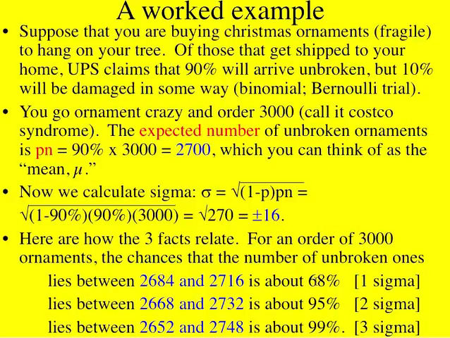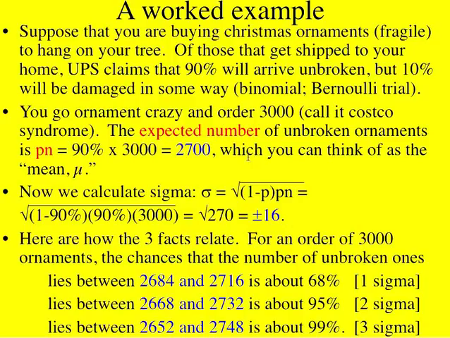Okay? 2 sigma is 2 times 16, 32. So 2,732 on one side and 2,668 on the other. You're saying the number that you get unbroken between that level is going to be 95% of the time. And then 99% of the time, you'll get between this number unbroken. If you get a number outside of this range, that's highly unusual.